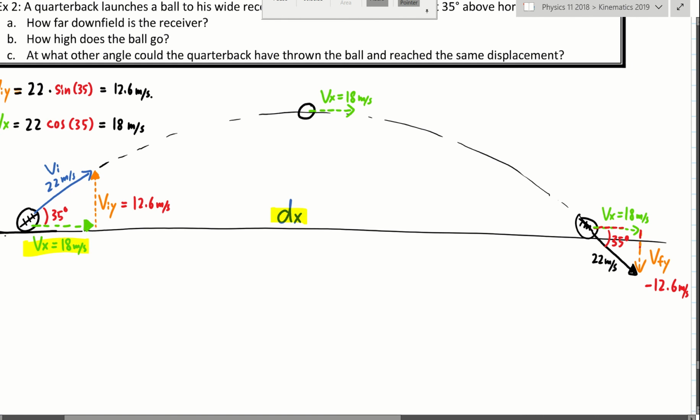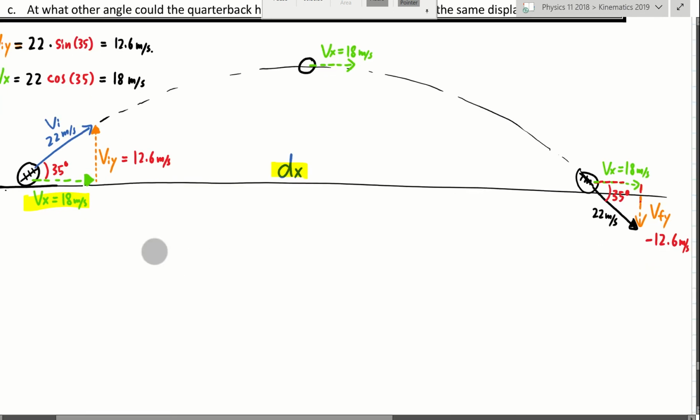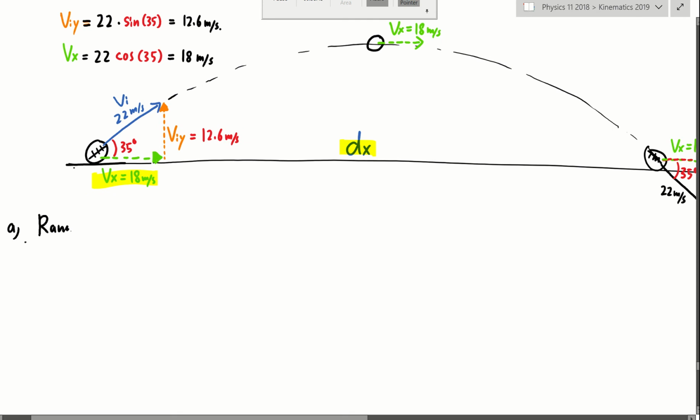And you can only get time from the vertical side. So even though the question is asking us for the range, we cannot do range, not right away. In order to get range, we have to get airtime first.